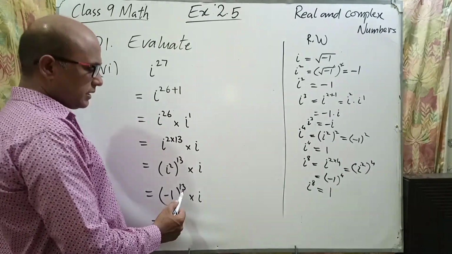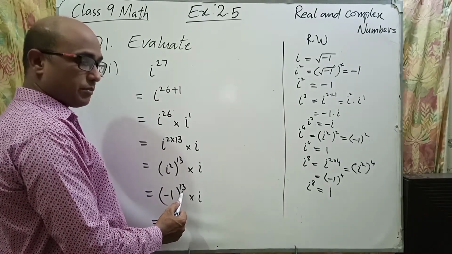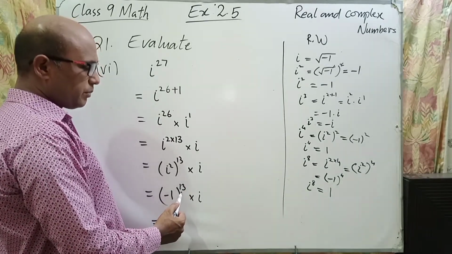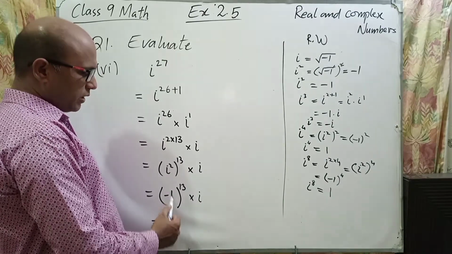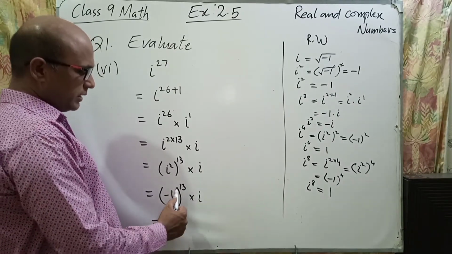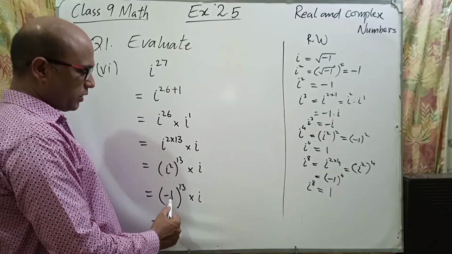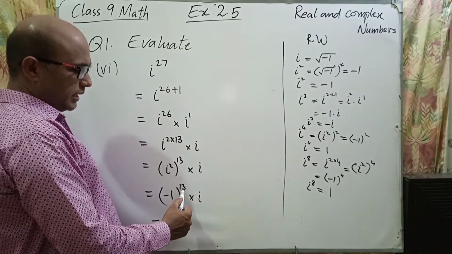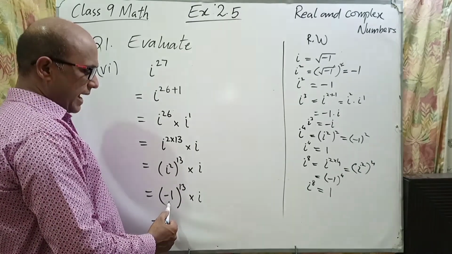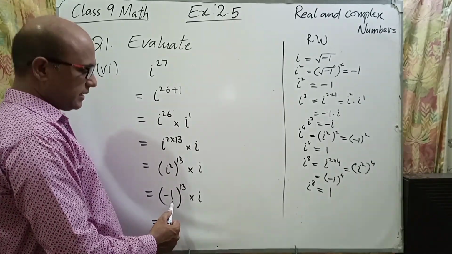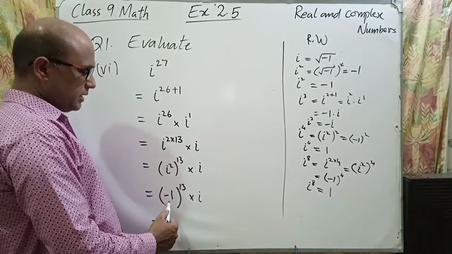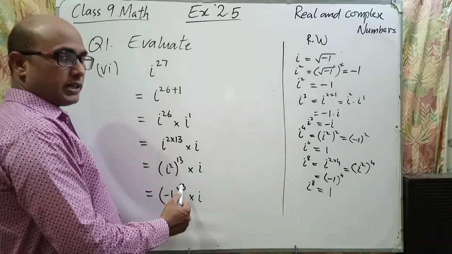Students, because the exponent is an odd number, 13 is an odd number, so it will not change the sign of the number inside the bracket or the base number. 13 is an exponent and minus 1 is a base number.